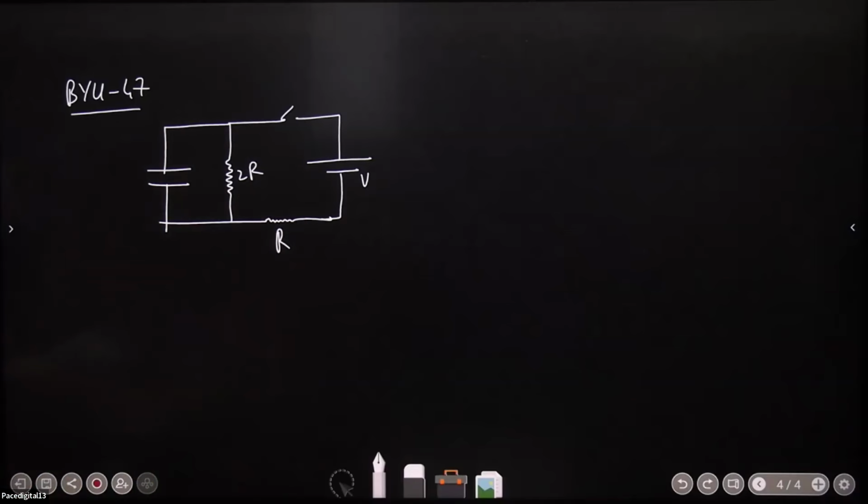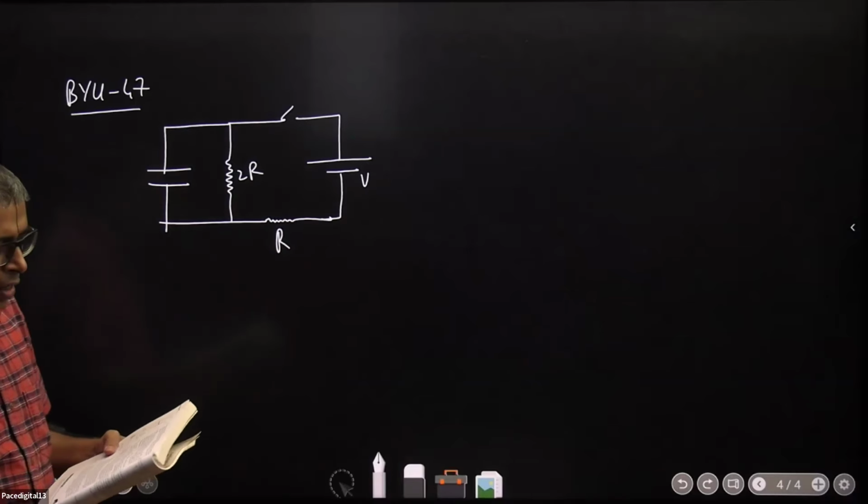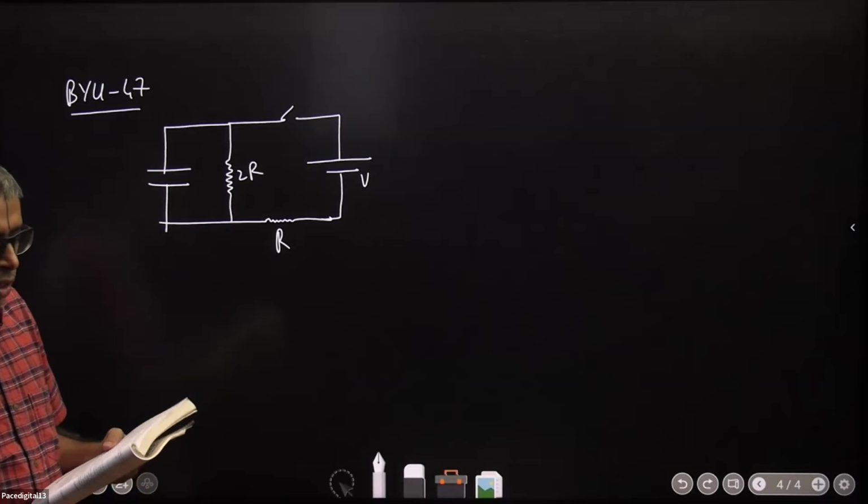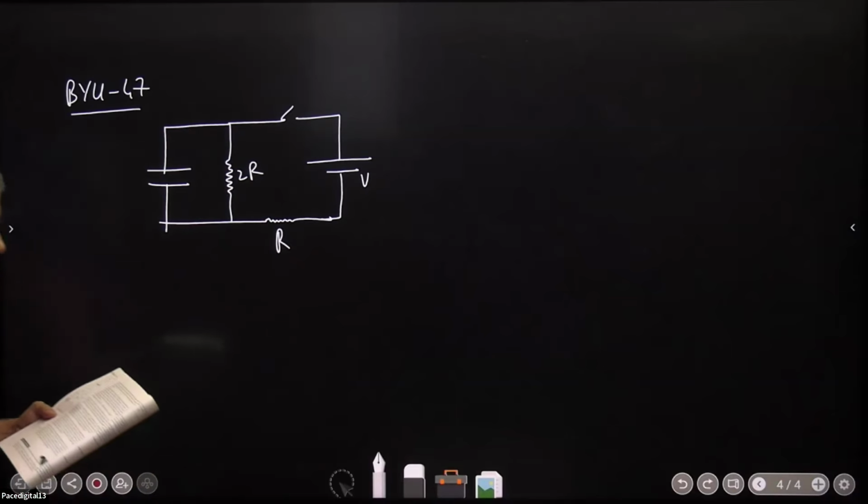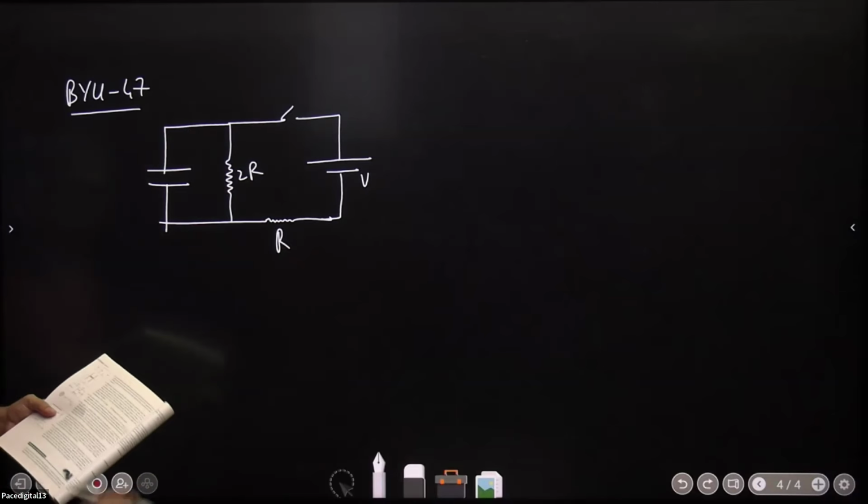In the electrical circuit shown, power dissipated in the resistance R and 2R at any instant after the switch is closed is 9 watt and 2 watt respectively.